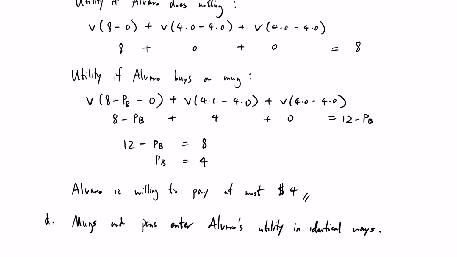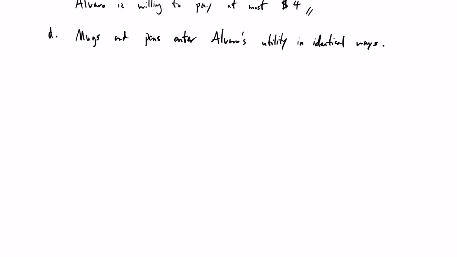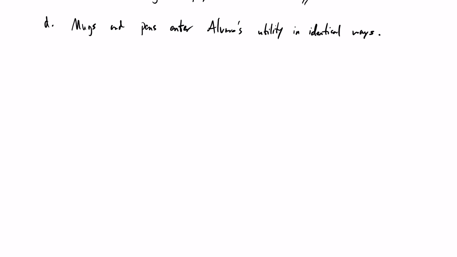Part E. Now for the rest of the question, for part E and F, suppose Avero has 2 options in the experiment: to buy a muck for $7 or to buy a pen for $6. So the price of the muck equals 7, and the price of the pen equals $6.